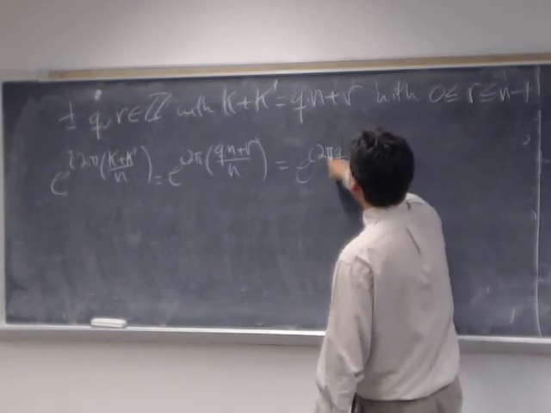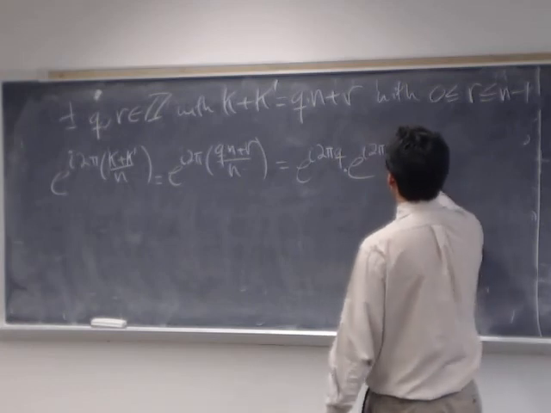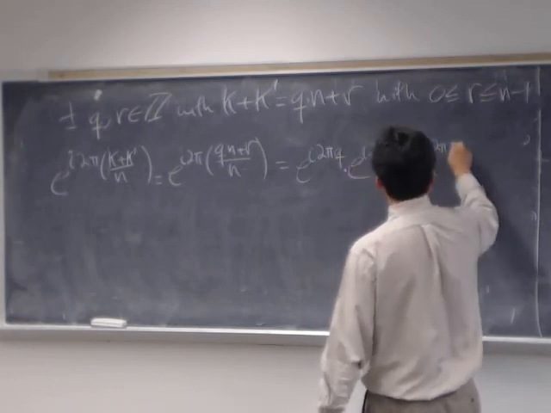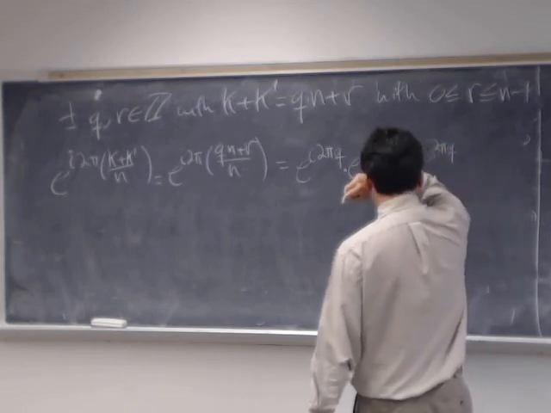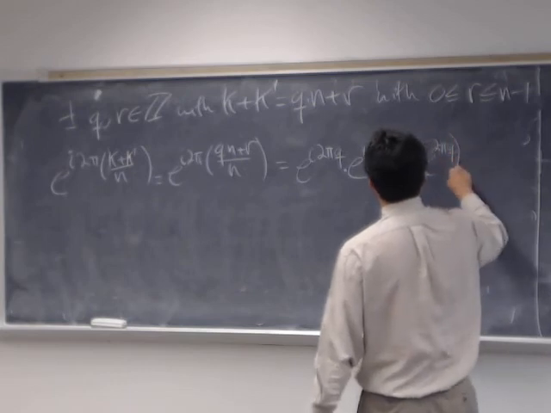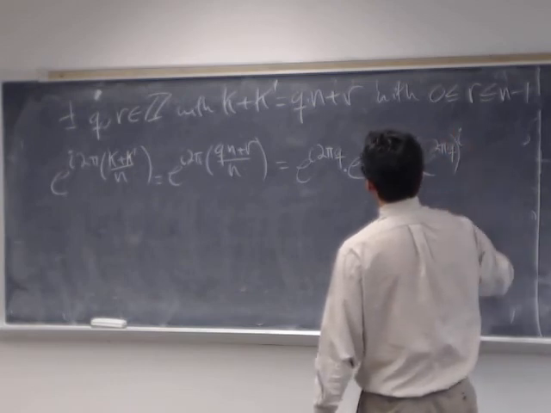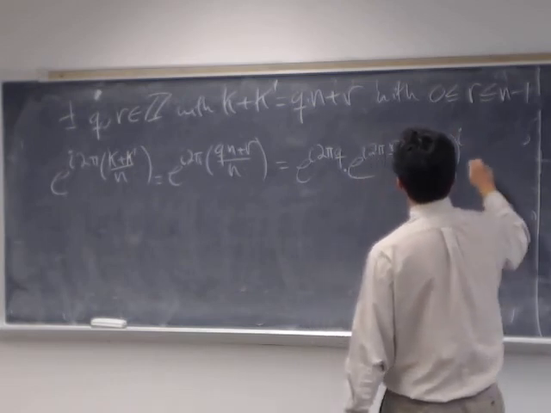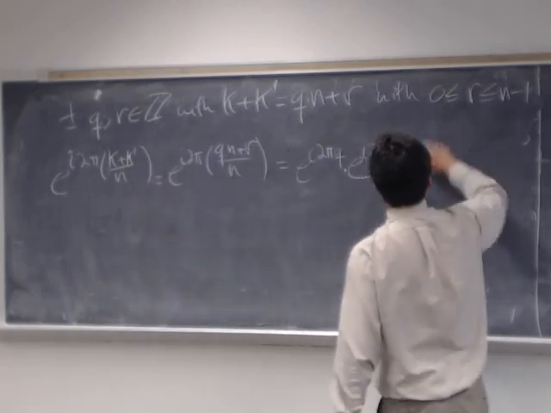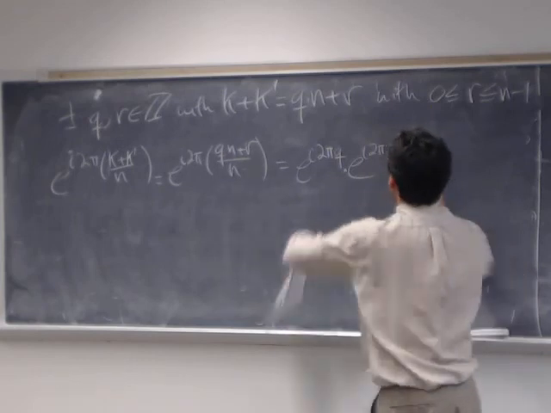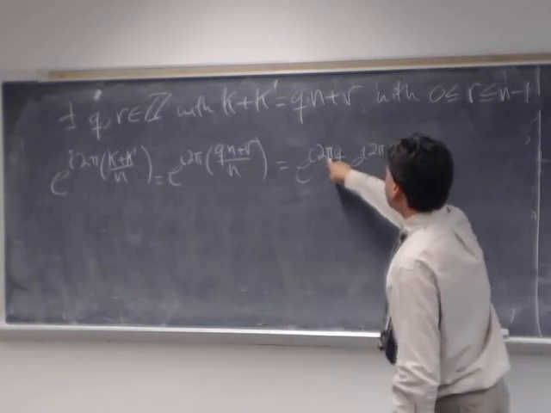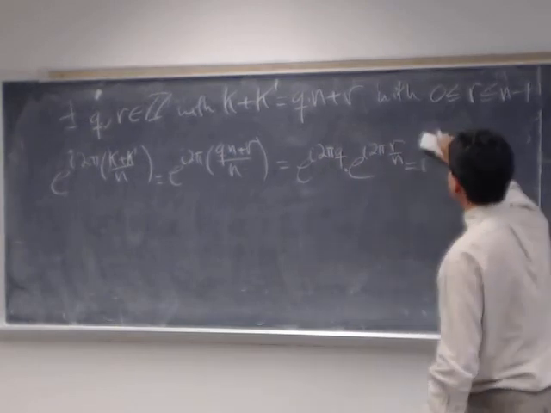But an integer multiple of 2 pi i is just 1, so e to the 2 pi i q is 1.